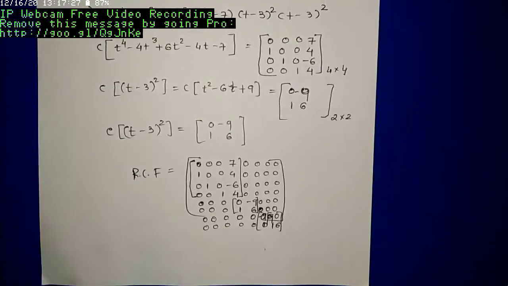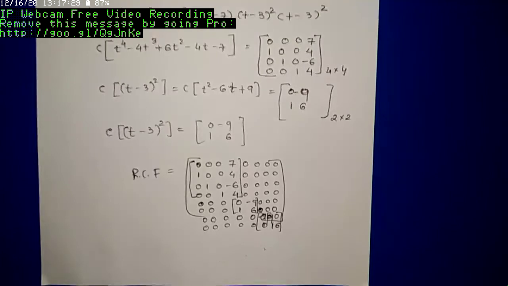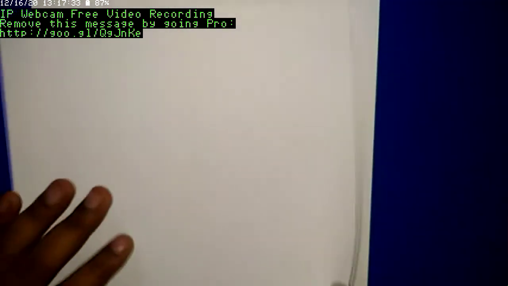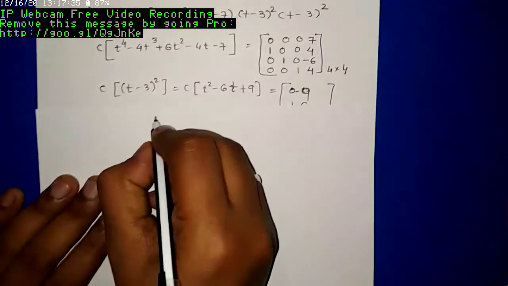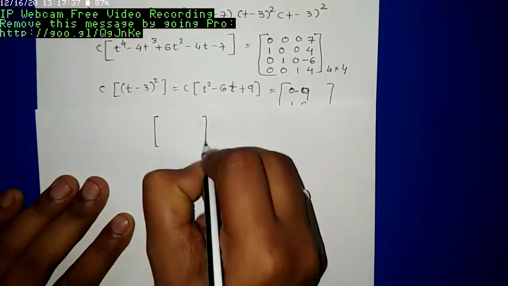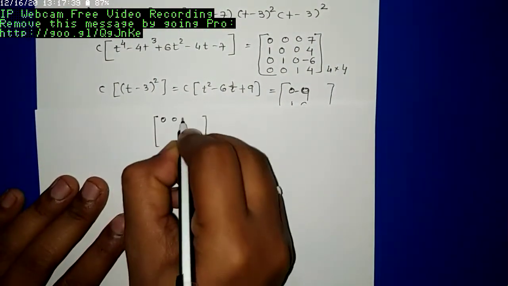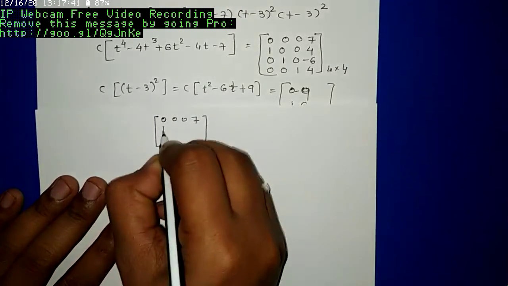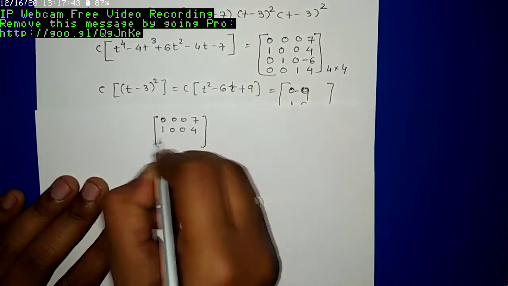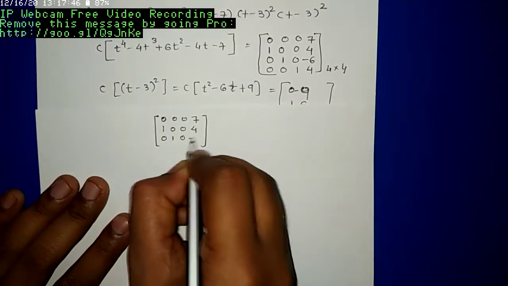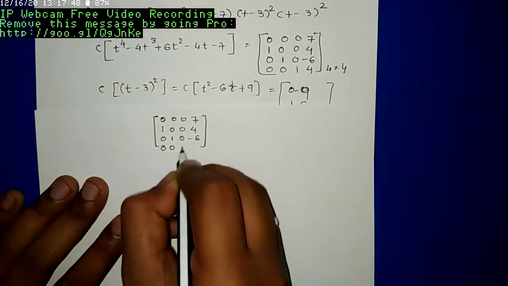Okay, I will just explain again. We have the first companion matrix 0 0 0 7 1 0 0 4 and 0 1 0 minus 6 0 0 1 4.